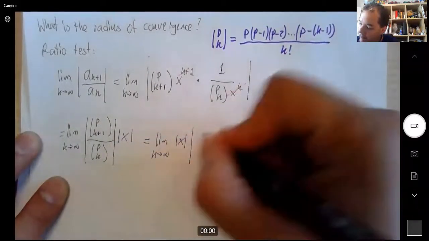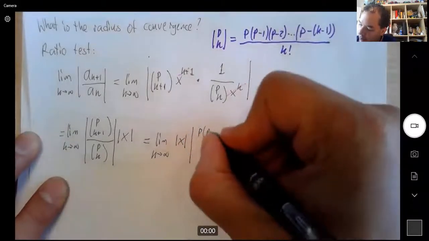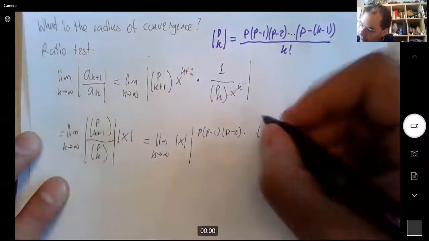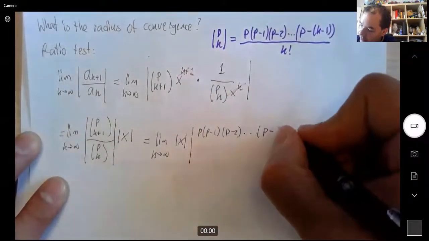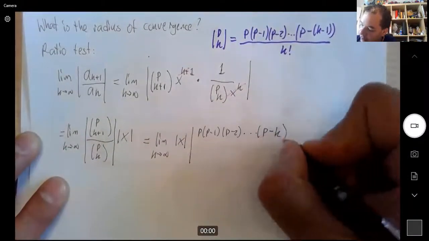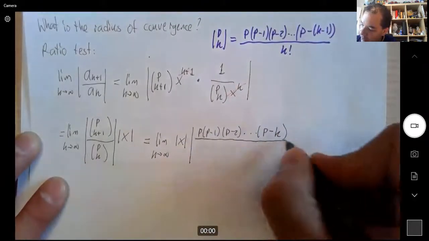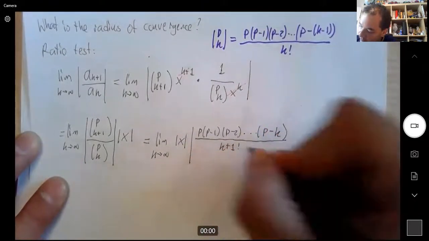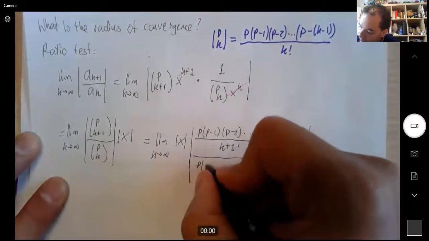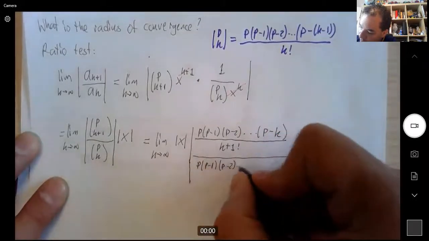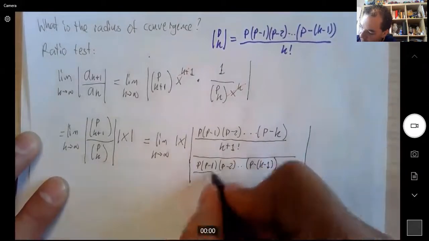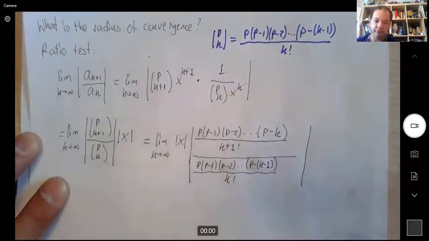And then we have p, p minus 1, p minus 2, dot, dot, dot, all the way to p minus (k minus 1). But now I have k+1, so I'm going to stop at p minus k, over k+1 factorial. And all of that over p, p minus 1, p minus 2, p minus (k minus 1), over k factorial. Right?